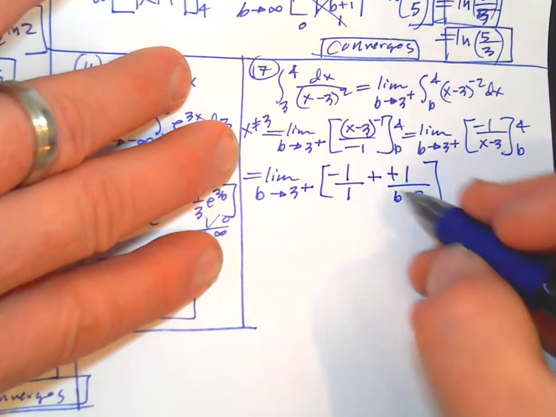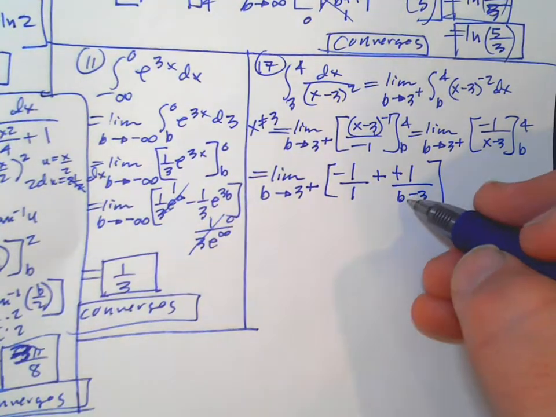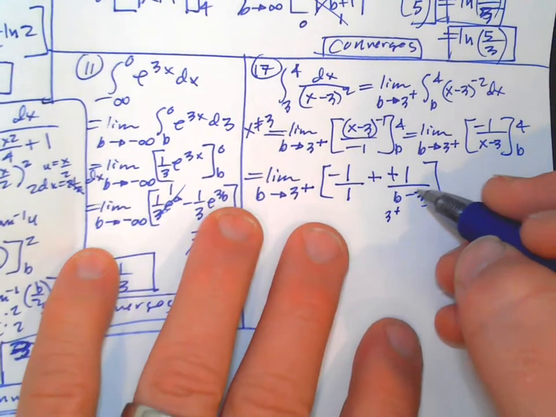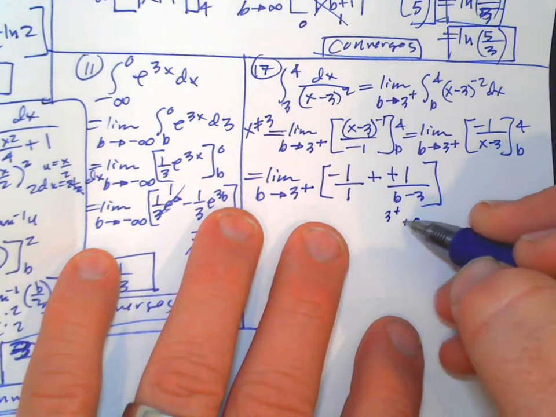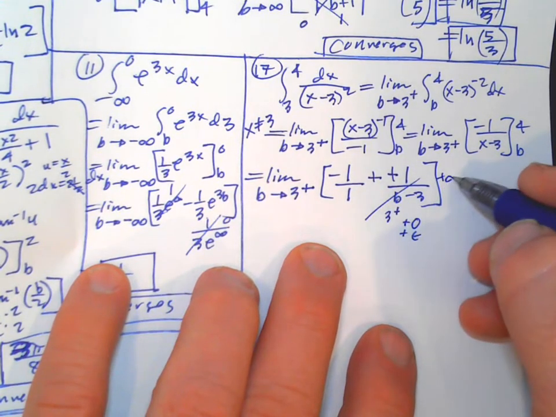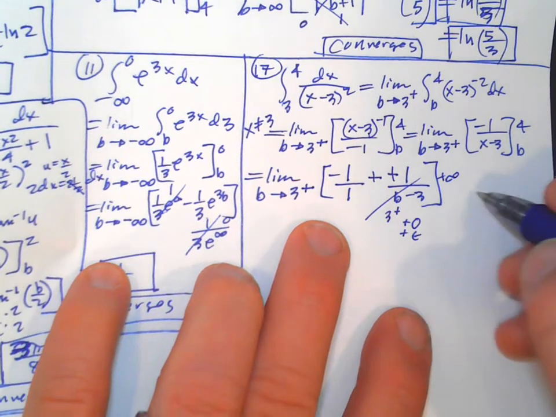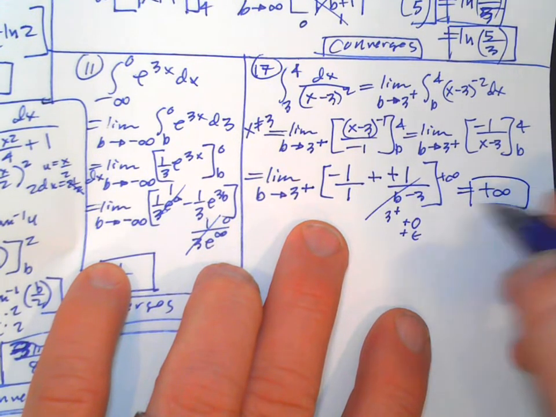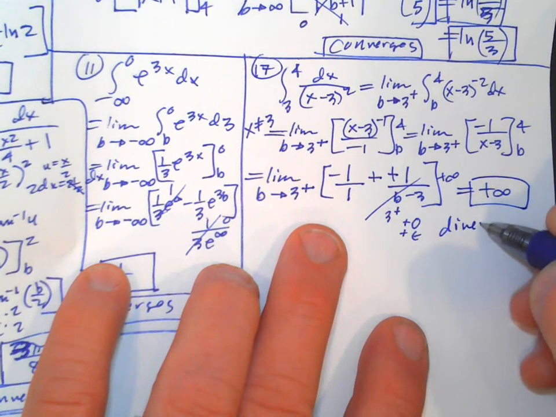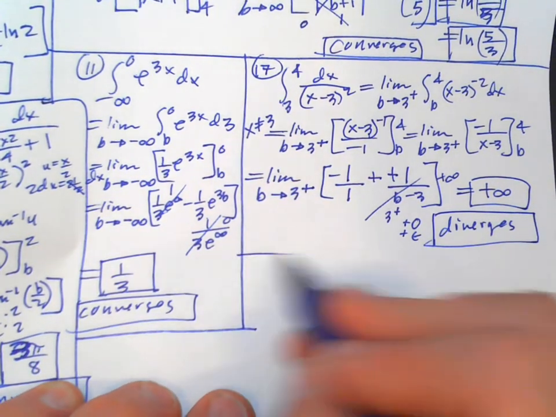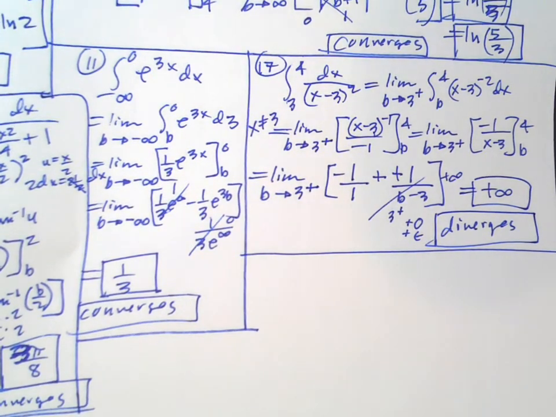Now, as b gets close to 3 on the right, that's like 3 plus there. It's going to be going to 0, but positive 0, right? So that's going to go to positive infinity, and the negative 1 just doesn't matter. So it's going to go to positive infinity, and it diverges.